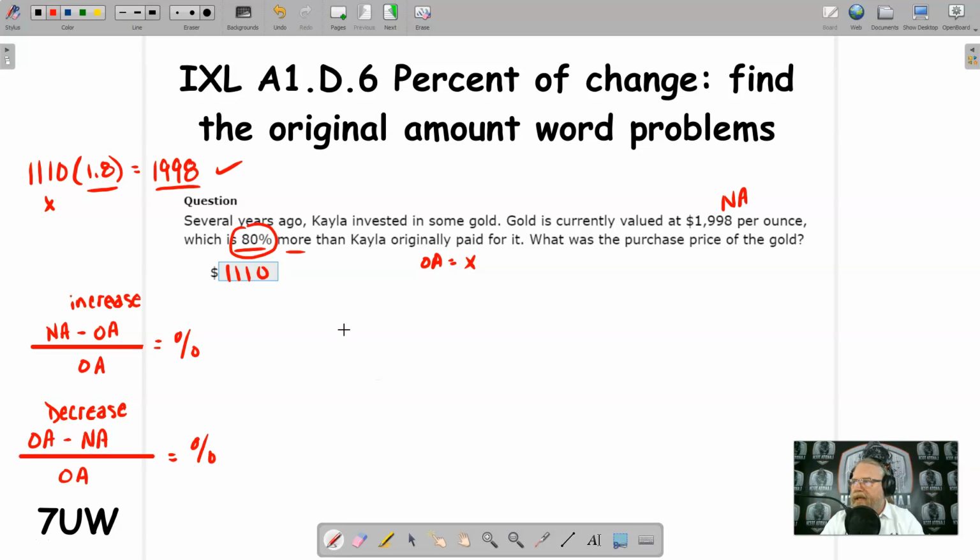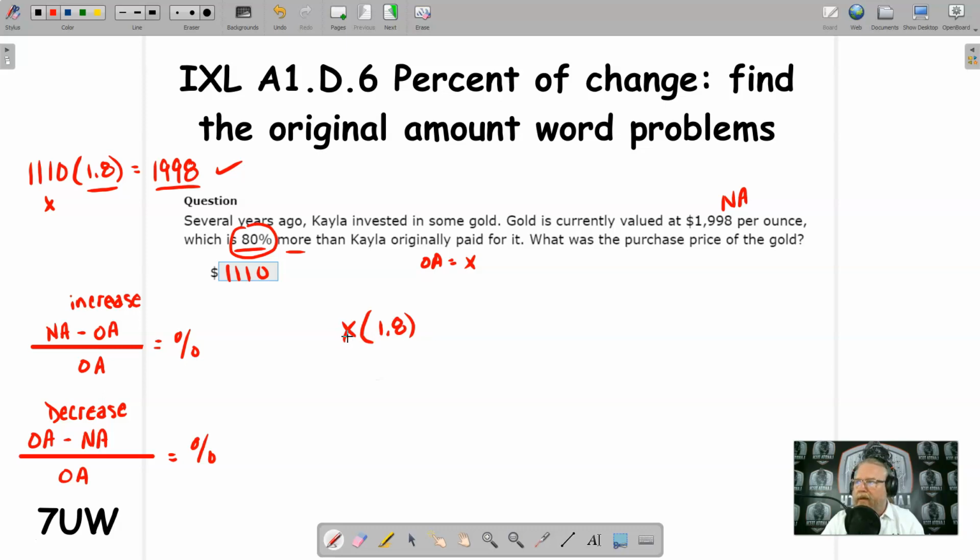So we know that if we take our original amount, multiply it times 80%, we're going to have to add 100% to that. Because if we increased it by 80% and multiplied that original amount times 80%, we'd actually end up with a number that was less than. Again, if you're uncertain about this, go back and watch the video for A1.D.6, and that will kind of explain what I'm doing right here at this point.